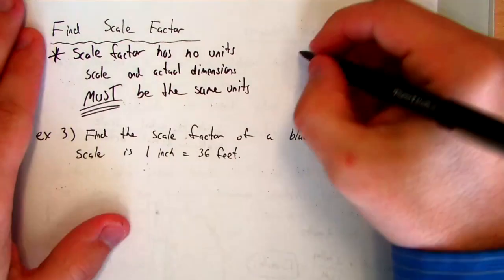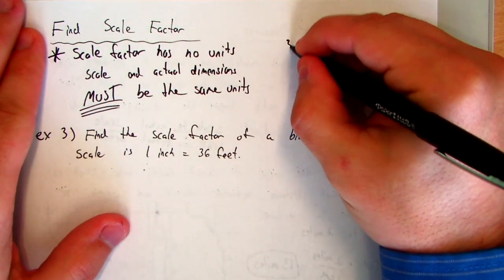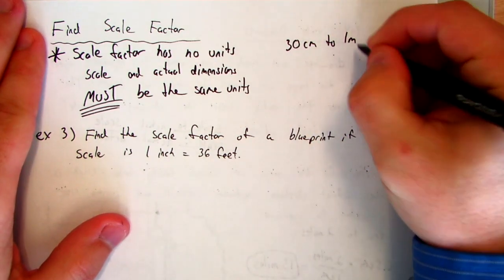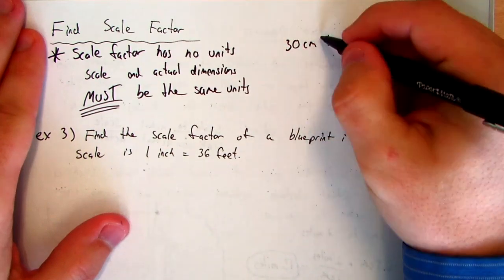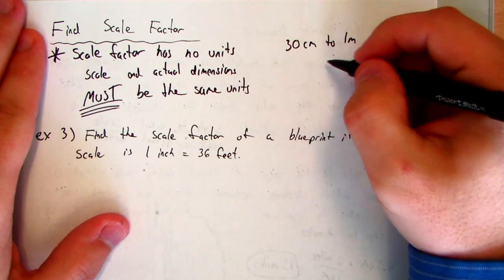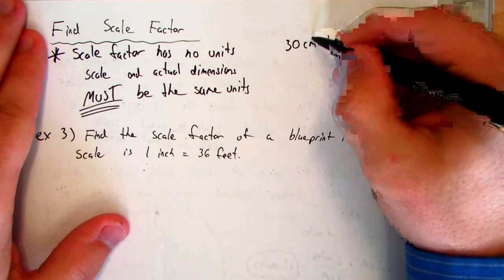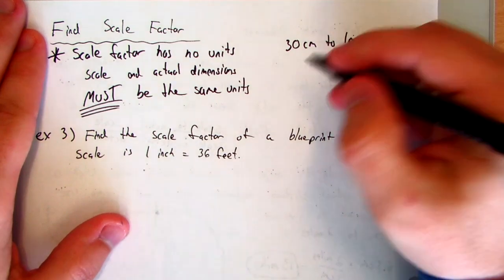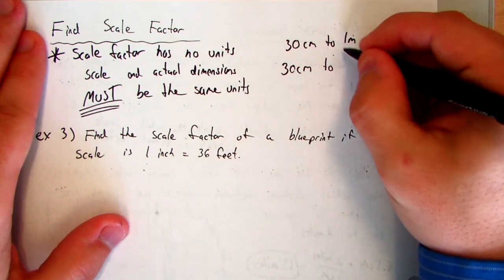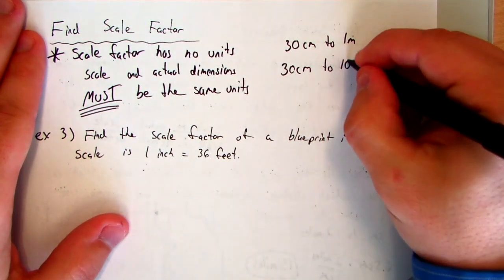For example, if we had, let's say, 30 centimeters to 1 meter. This right here is the smaller of the 2 units, which means I want to get my bigger value to have the same units as my smaller value. So this is going to be 30 centimeters. Right here, 1 meter is 100 centimeters.